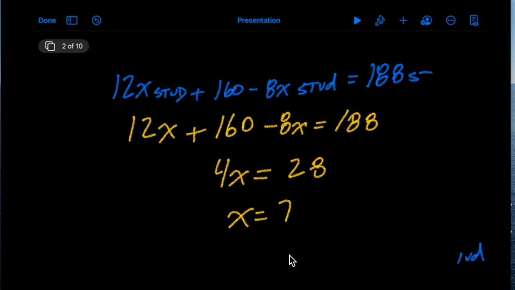X equals 7. So we're going to have 7 large buses, and therefore 20 minus 7, or 13 small.